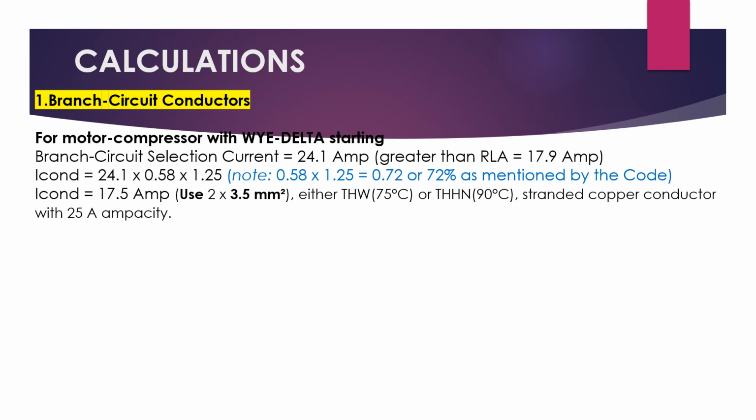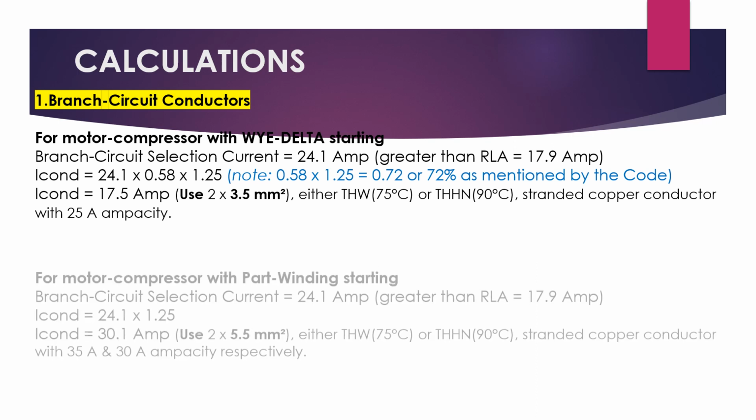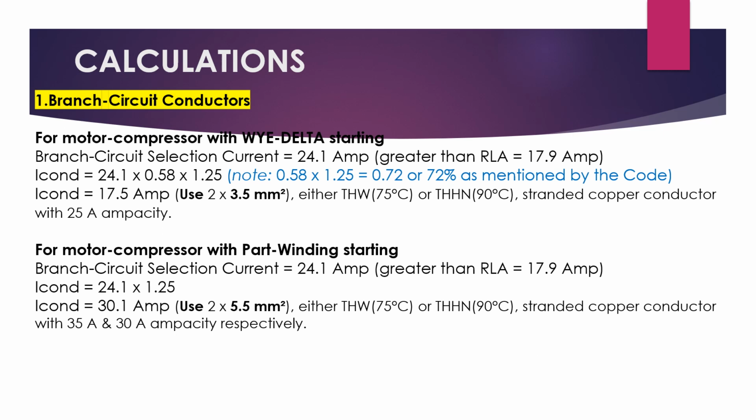Therefore, using that table, we have to use 2 by 3.5 square mm, either THW 75 degrees centigrade or THSN 90 degrees centigrade standard copper conductors with 25 ampere ampacity. By the way, I use here the National Electrical Code NEC 2017 edition.